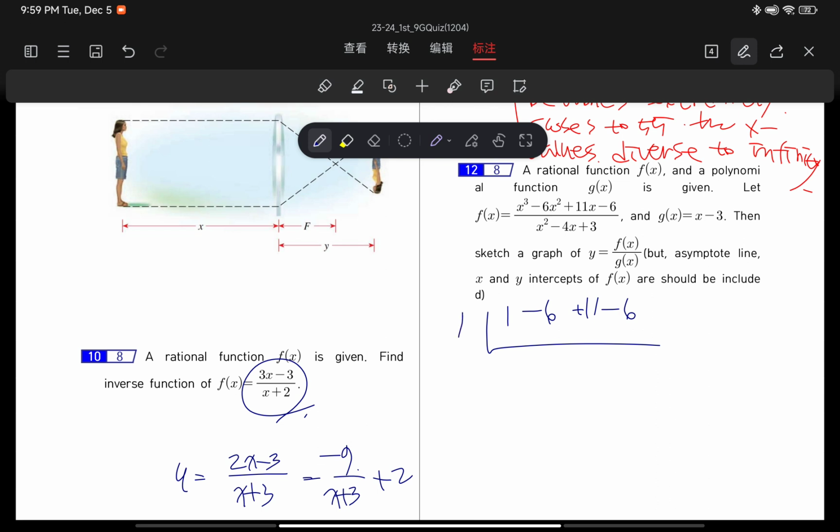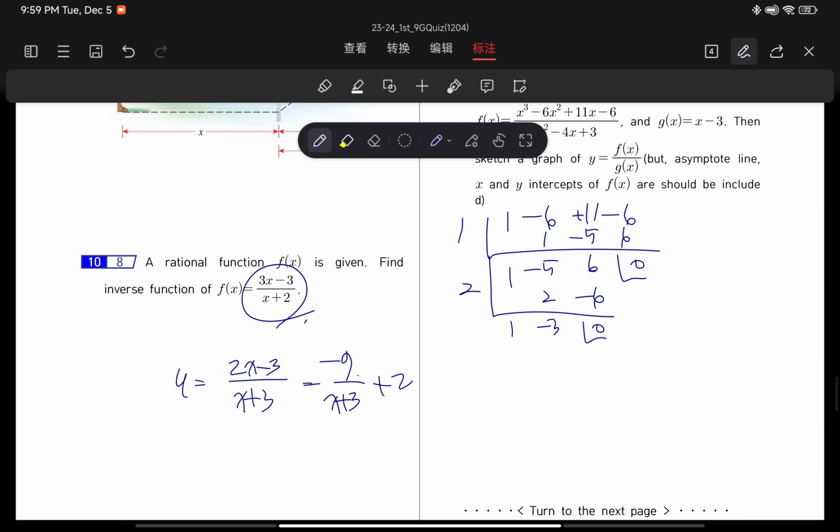So using the synthetic division, 1 and 1 and minus 5 and 6 and 6 and 0. Okay. So 2, 1 and 2 and minus 3 and minus 6 are 0. So f(x) equal x minus 1, x minus 2 and x minus 3 divided by x minus 1 and x minus 3.